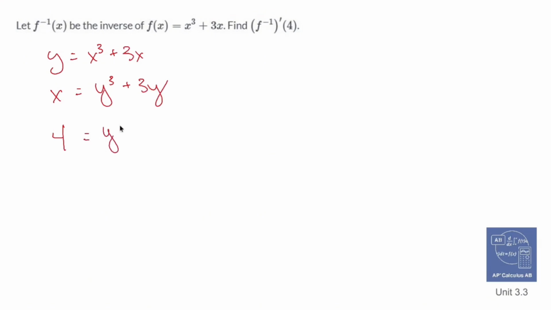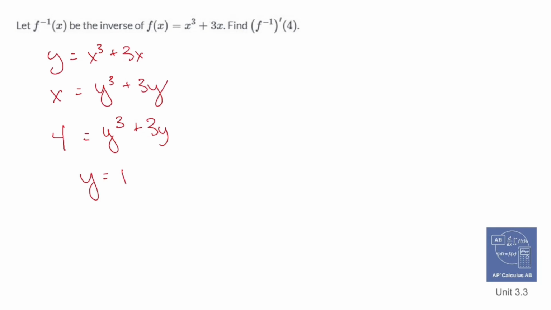Without having to do any math, if y was 1, I'd get 4. So y equals 1 is going to be a possible option, and I'm going to stick with that. I'm going to use the inverse derivative function rule.